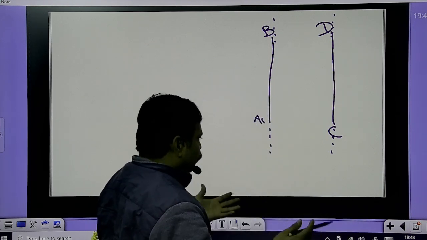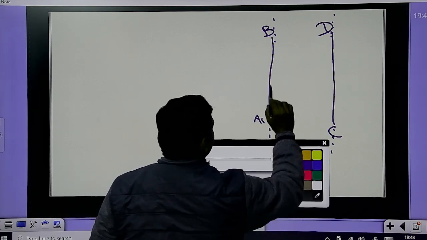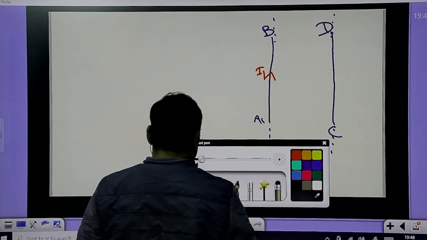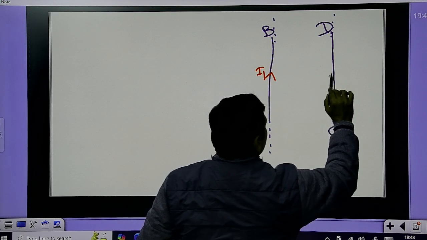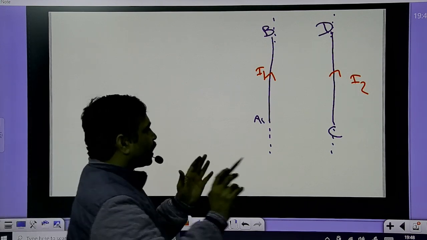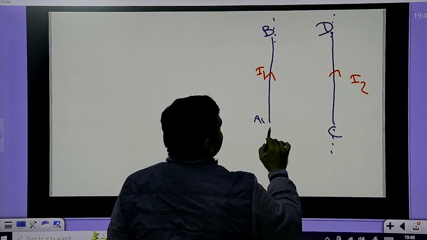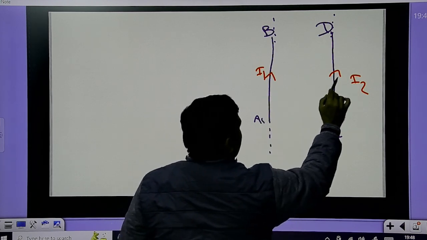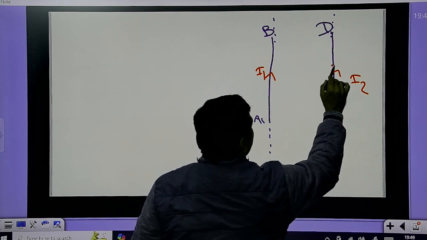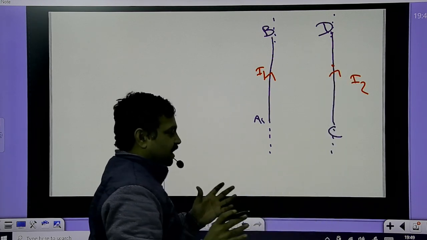Suppose the current passing through this is I1 and the current passing through this is I2. If the current is passing through the conductor AB, then on the conductor CD, at the point we are considering, there will be a magnetic field.